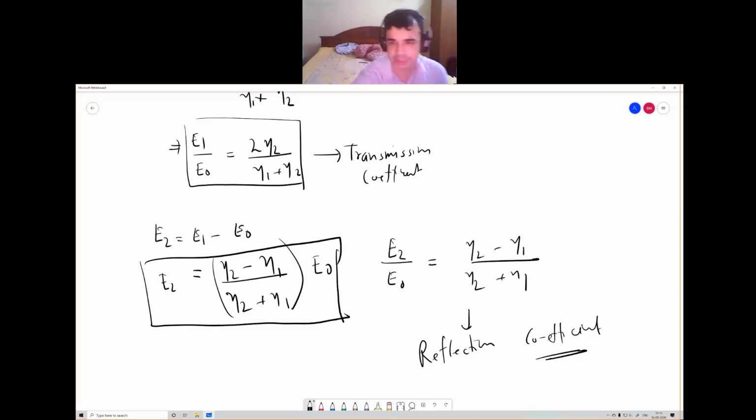Oblique incidence means it is unlike the other case. Here it is like this: here is my surface 1, surface 2, and the wave comes at an angle. Same things apply, but unlike here, where it was normal to the surface, there it is not. If you want, we can discuss it.